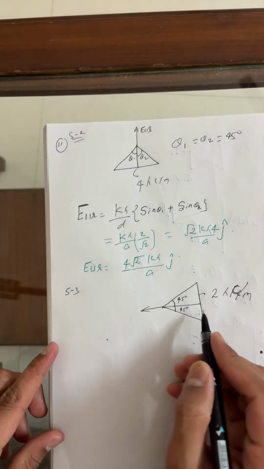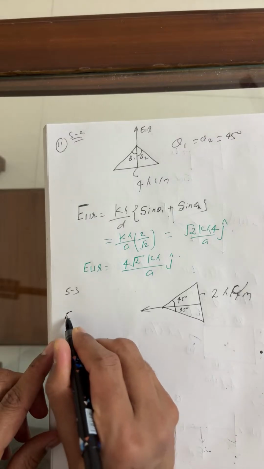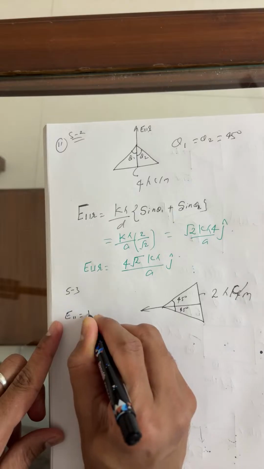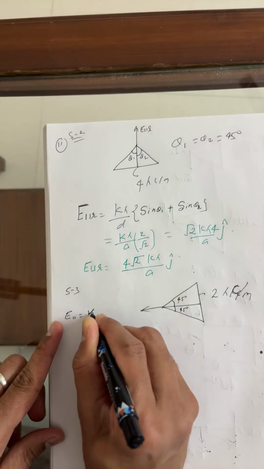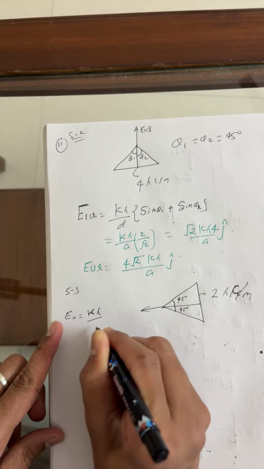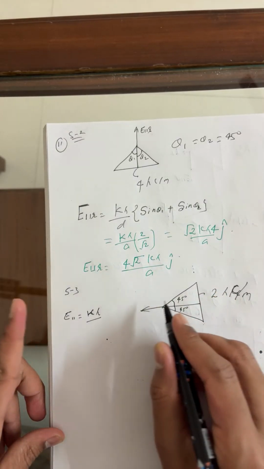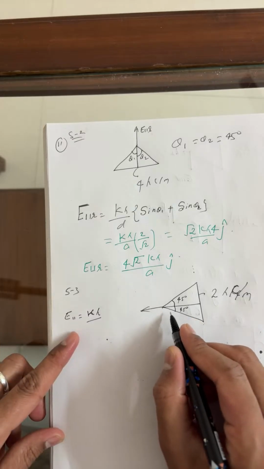So in this direction we get E perpendicular, which is K lambda by D, D remains A only. No, it's wrong, you can't say.